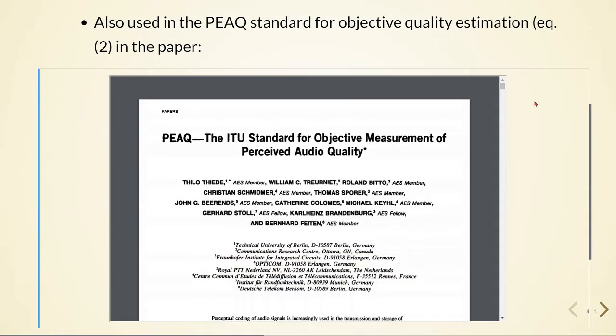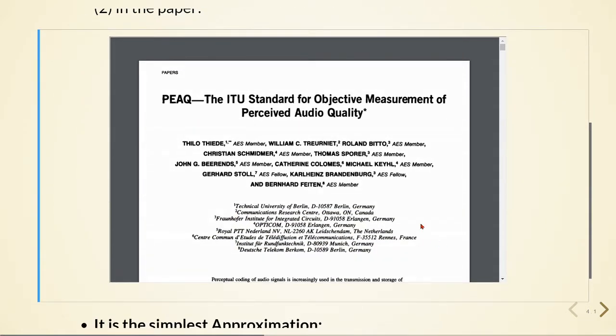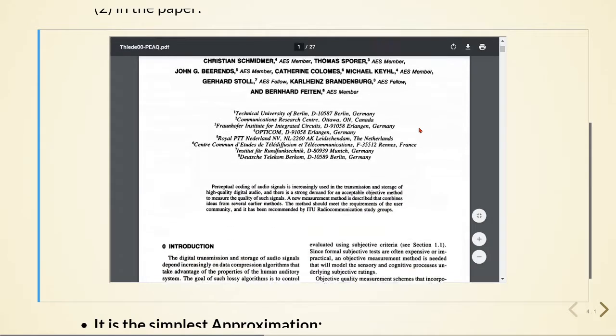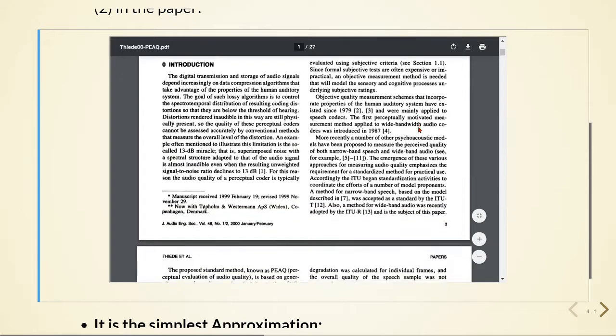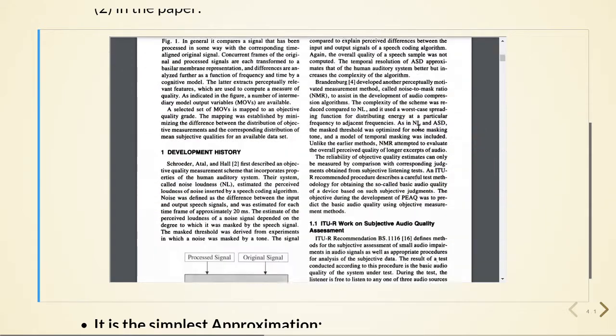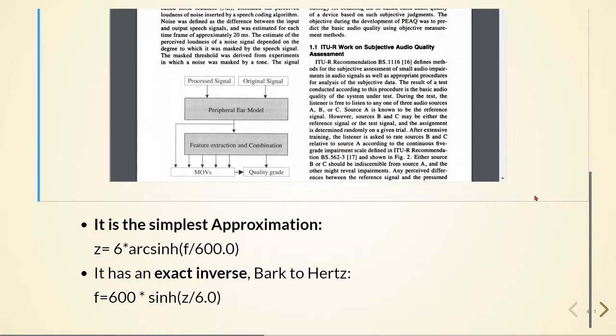And here we have this paper for PEAQ, the ITU standard for objective measurement of perceived audio quality, and if you read about it, you'll find the Schroeder approximation. It has a simple approximation given here, and it also has an exact inverse from Bark to Hertz given here.